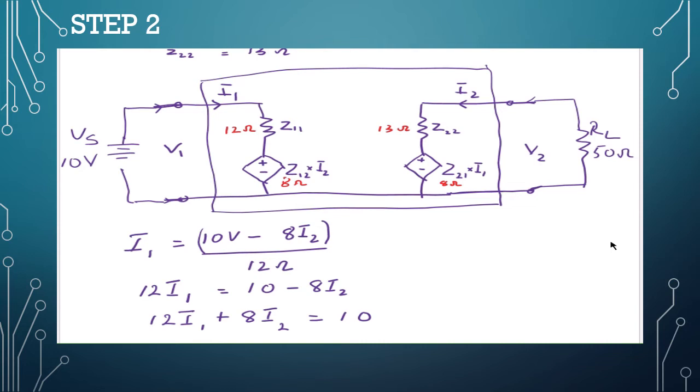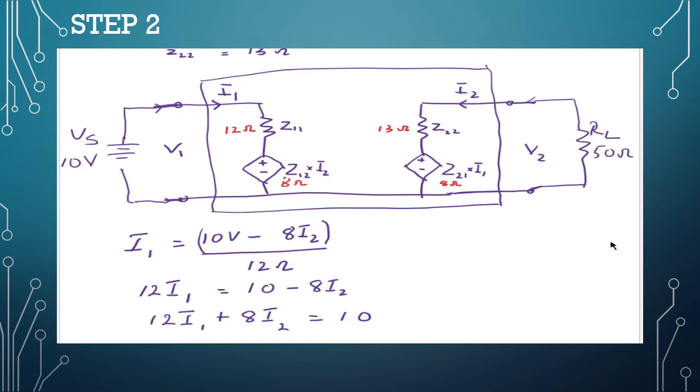So what is it? It is simply this voltage here divided by the sum of this impedance and this resistance.